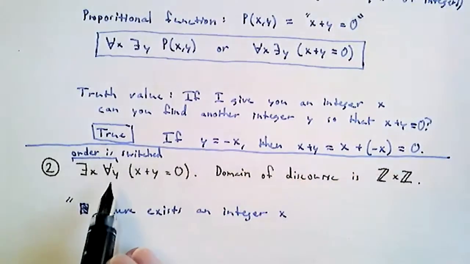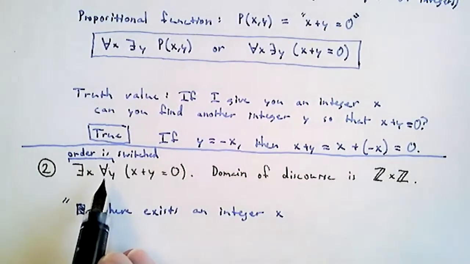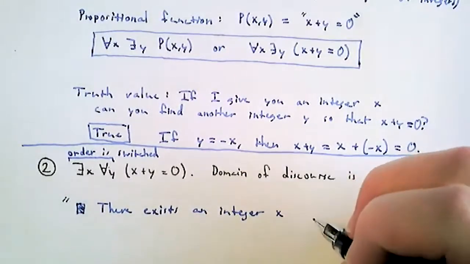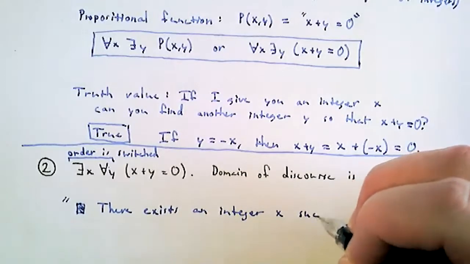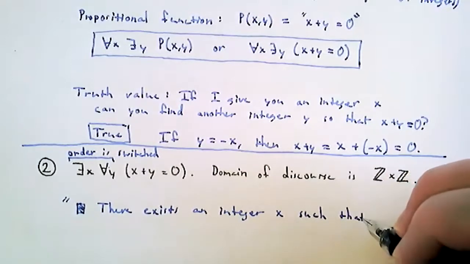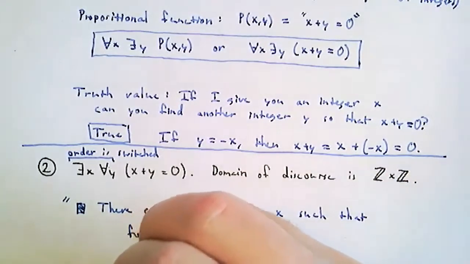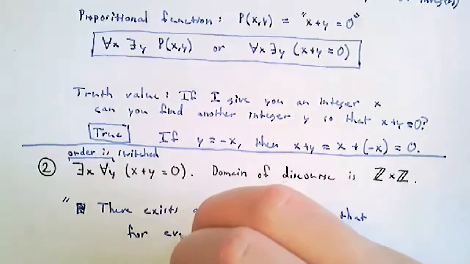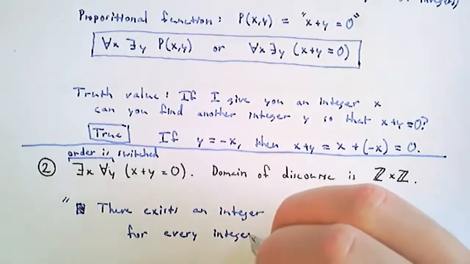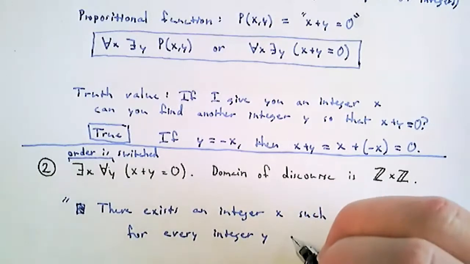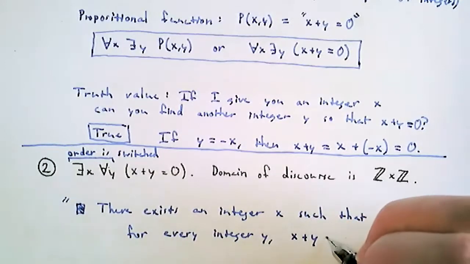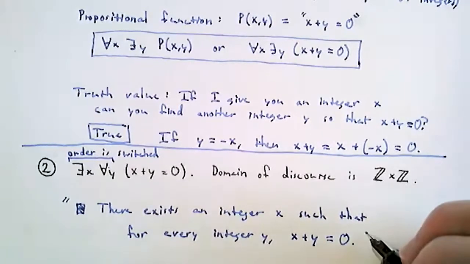And then the next part is the universal, for all, or for every. So there exists an integer x such that for every integer y, x plus y is equal to 0.